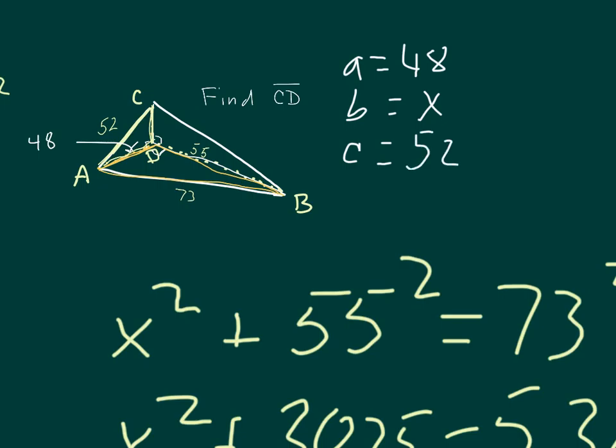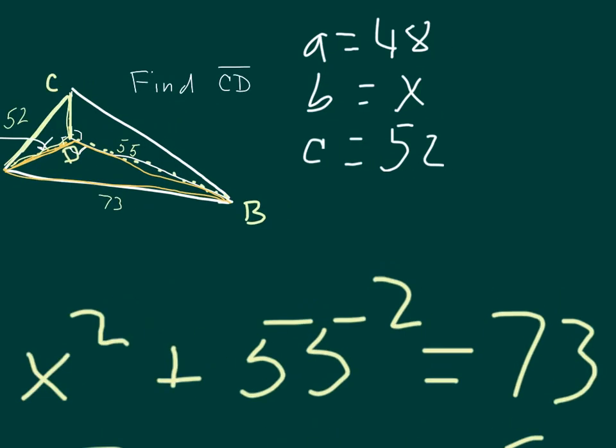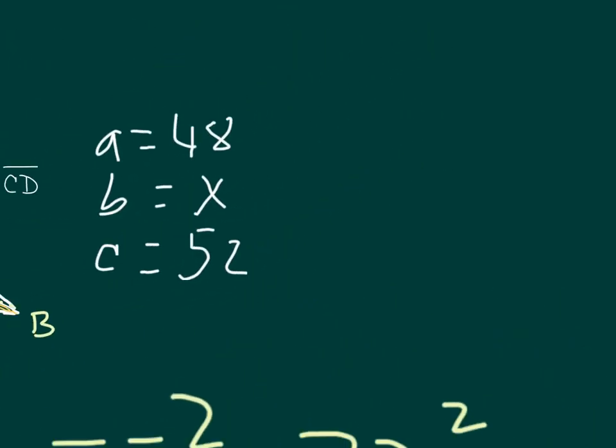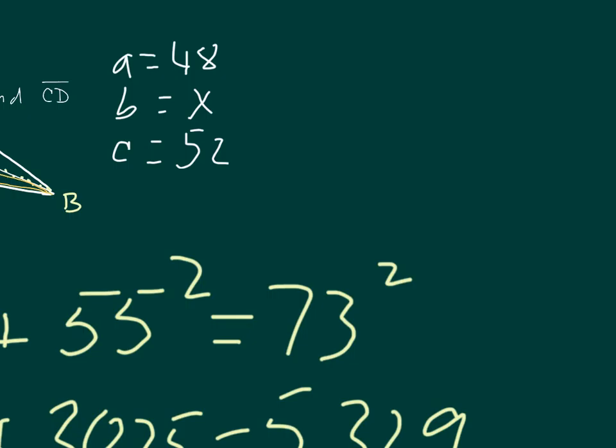We put that into the Pythagorean theorem: 48 squared plus x squared equals 52 squared.